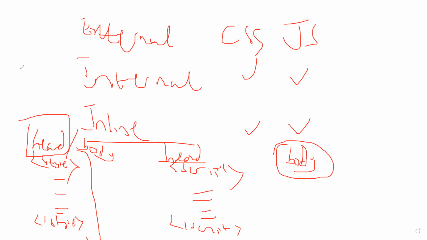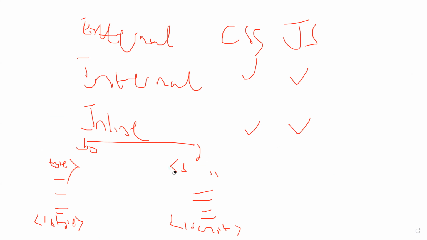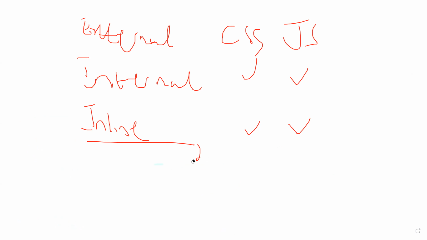So just like for the external, that we use a link to add CSS to our HTML. This link is a self-closing link, where we now indicate the source, no, sorry, the href rather, for the CSS.